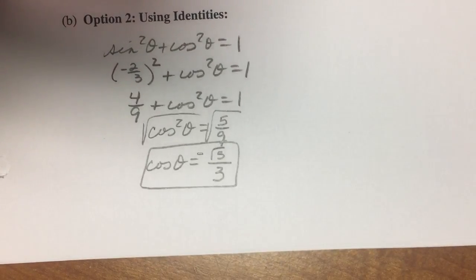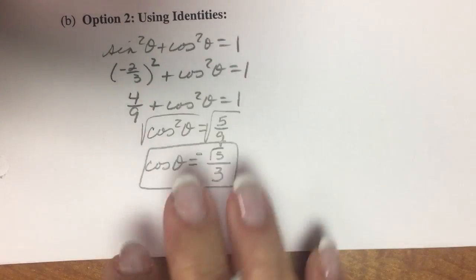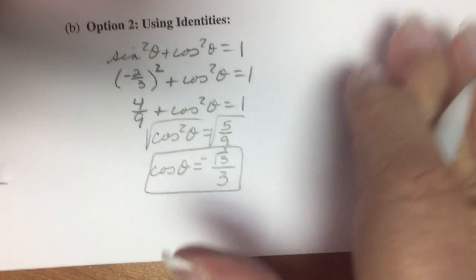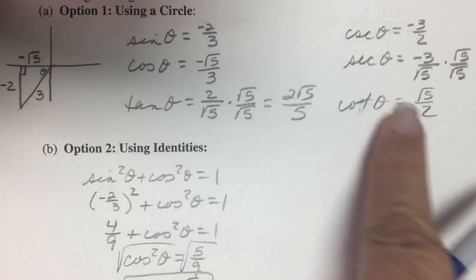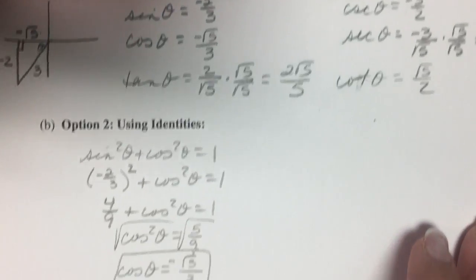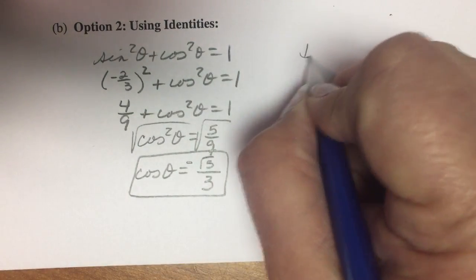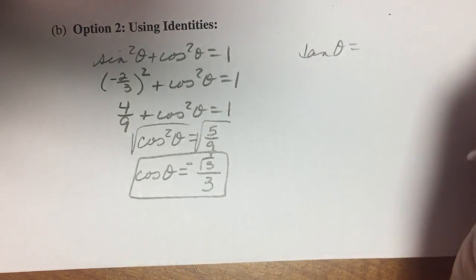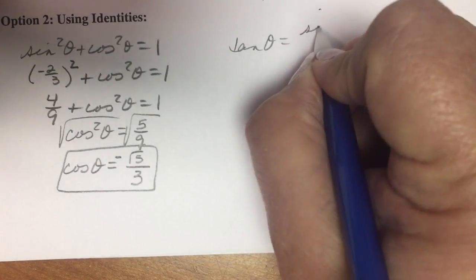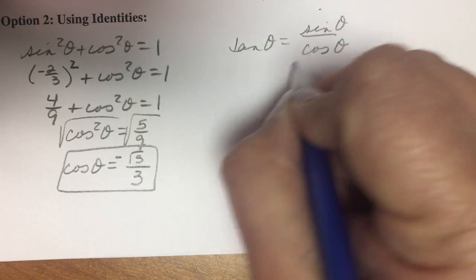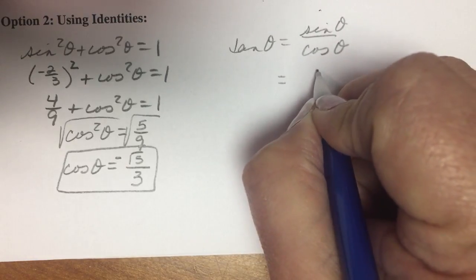So instead of drawing a picture and using SOHCAHTOA, here's another way to find the cosine. And of course, once you have that, then you would use the exact same way that I would do up here to find your other ones. So for example, to find tangent theta, you would take sine theta over cosine theta, which would be, what was sine theta again?